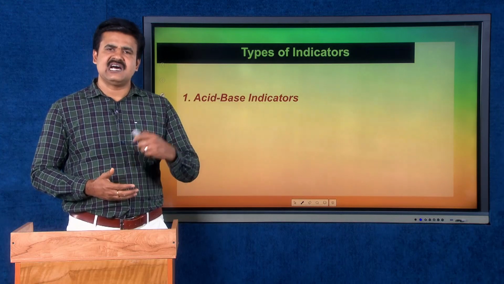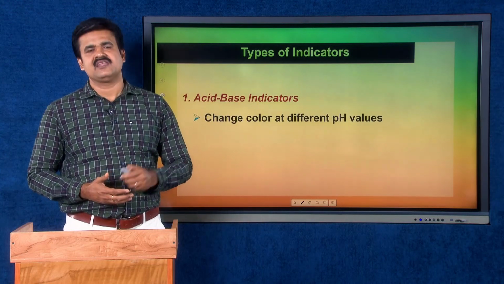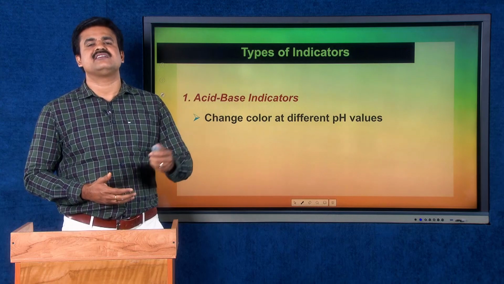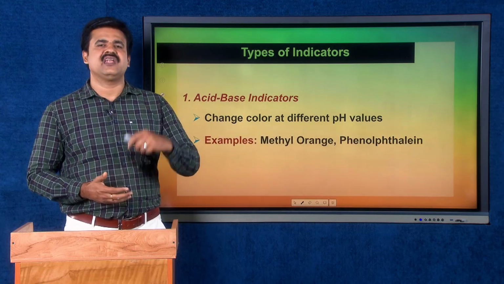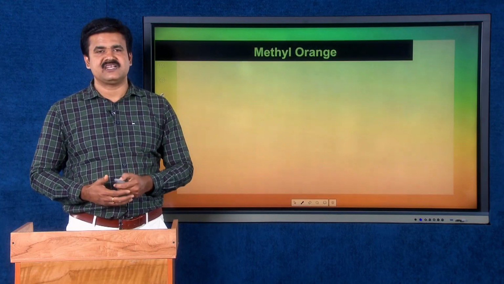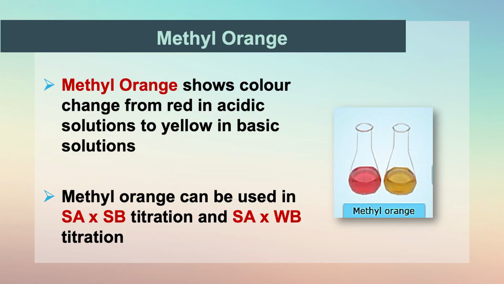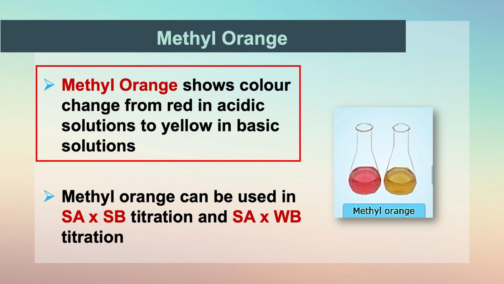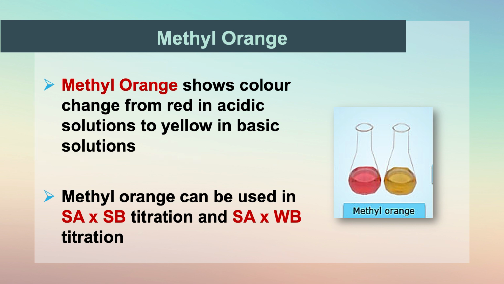There are acid-base indicators which change color at different pH values, and examples include methyl orange, phenolphthalein, etc. Methyl orange shows a color change from red in acidic solution to yellow in basic solution. These are the two different colors of the methyl orange indicator in acidic as well as basic medium.